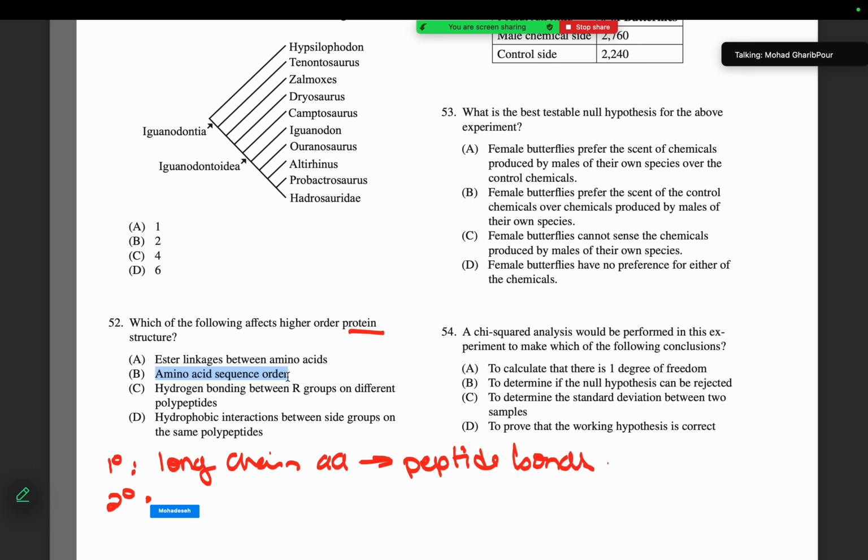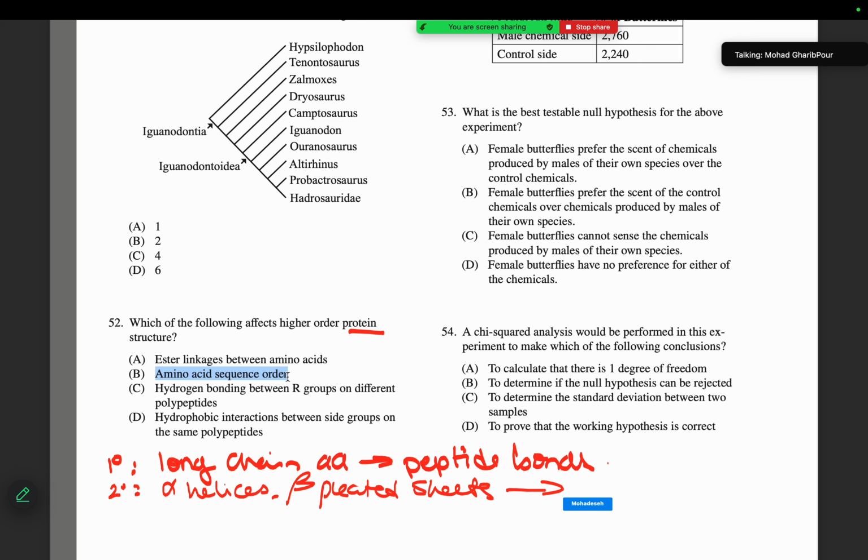Secondary structure. What about that? H bond. What? Hydrogen bond. Yes. What kind of structures do we have in the secondary? Like the alpha and beta sheets. Alpha helices, beta pleated sheets.